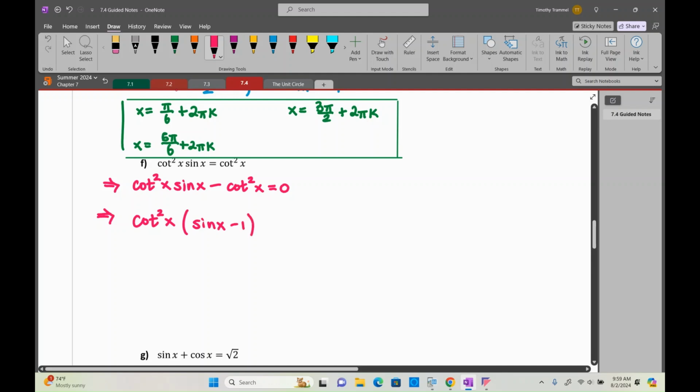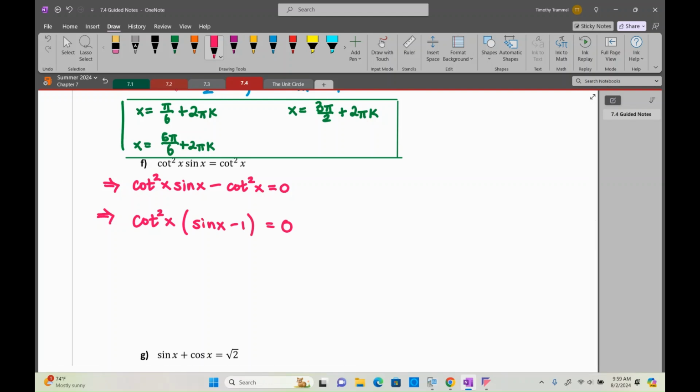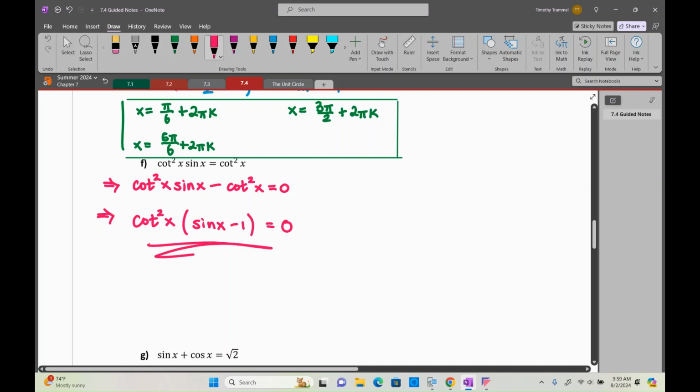And this factoring has helped us in the exact same way that it helped us in the previous example. If we have a product of things equal to 0, then solutions are going to come from either of the factors being equal to 0.